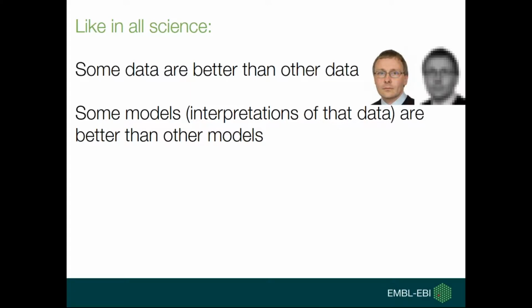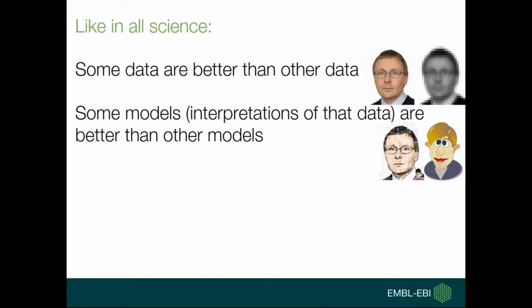So here's some data. There's two photographs of myself. One of them is clearly recognizable, and the other is rather poorer data, and if the image on the right was CCTV in a bank and I'd robbed that bank, then I'd probably fancy my chances of getting away with that bank robbery.